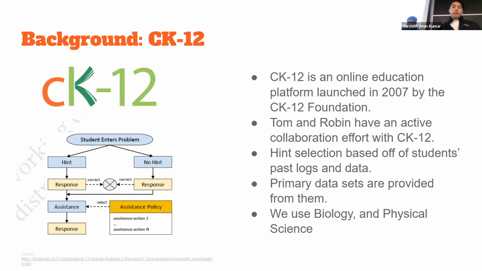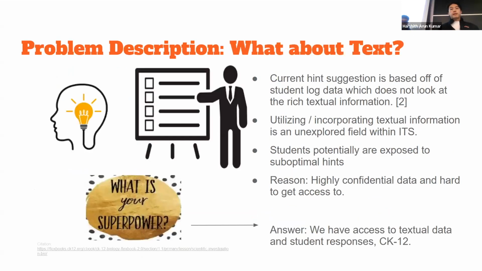The primary data sets were provided by them, and from there we use biology and physical science as our data set. The problem description is framed as so: since this is a data-driven approach, most of the research done in the past has essentially a ground truth of how students are becoming better at answering these questions.